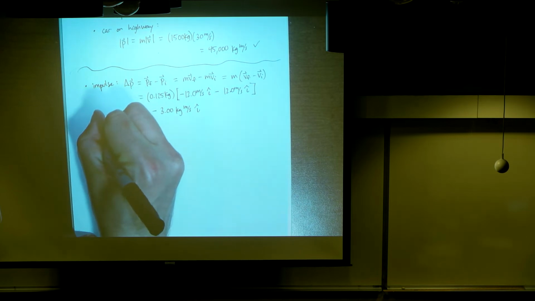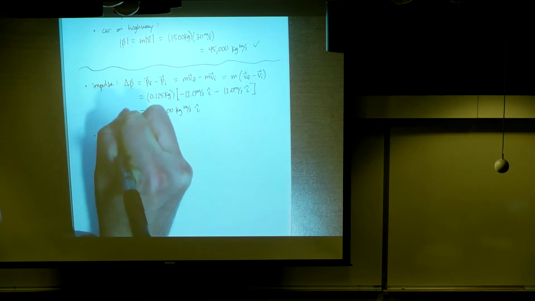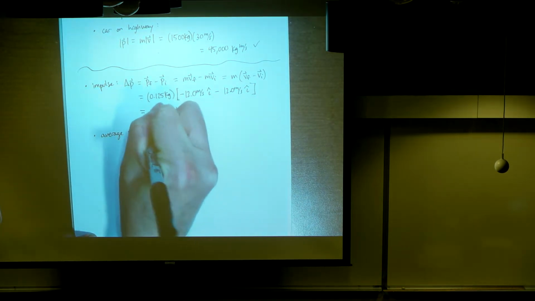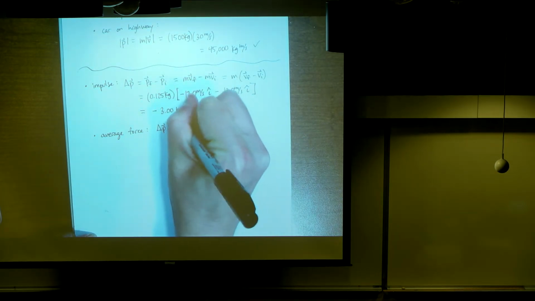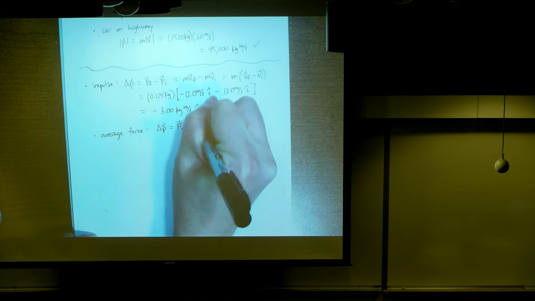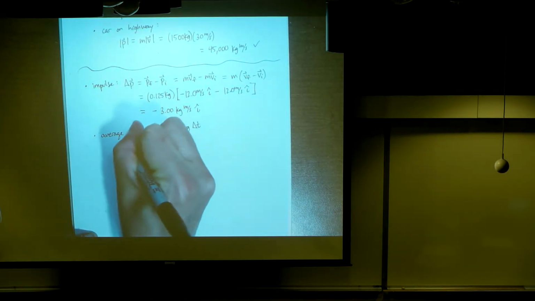So now we can find the average force. Because we know that delta P is also equal to average force times delta T, which means we can solve for the average force.